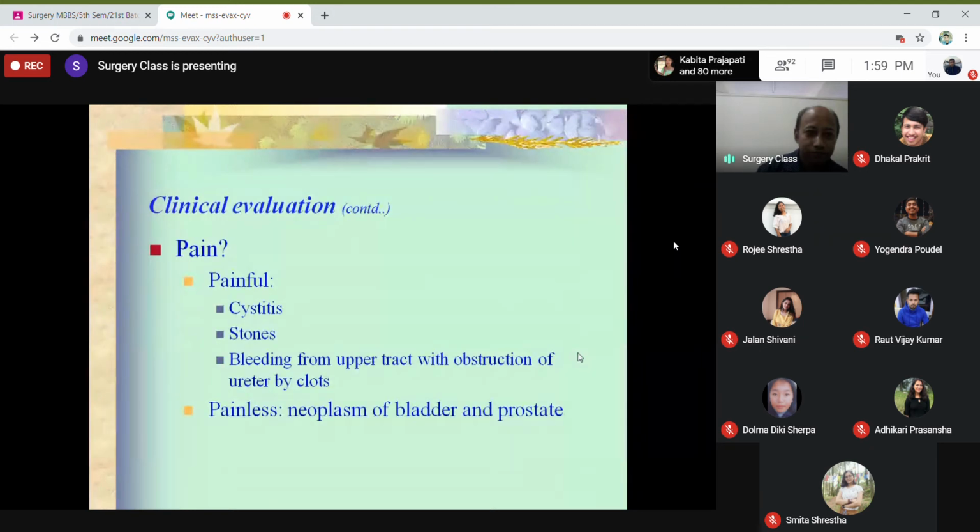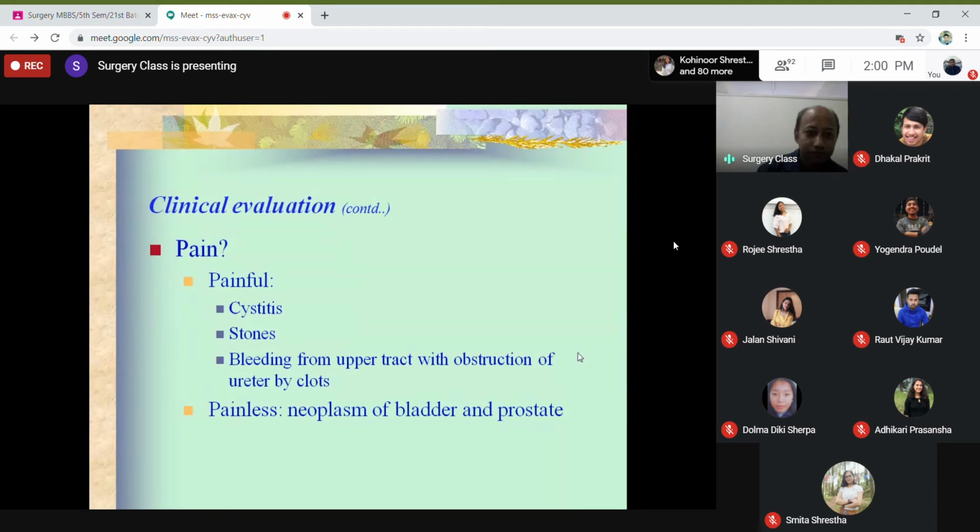Painless hematuria is more dangerous because the number one differential diagnosis is malignancy, most likely carcinoma of bladder. The feature of carcinoma of bladder is painless, profuse, periodic hematuria. So one of the first differential diagnoses of painless hematuria is malignancy of the bladder.